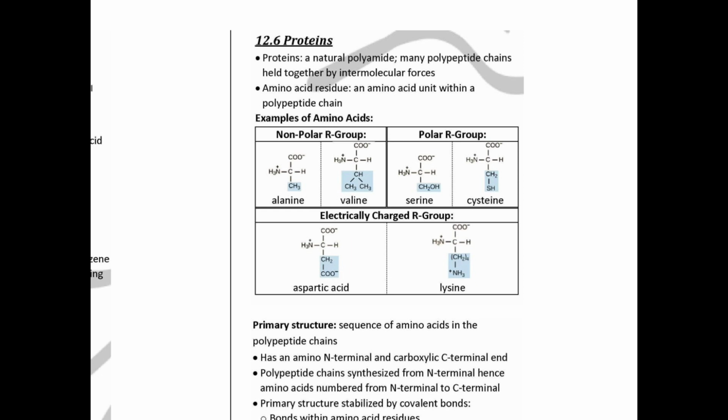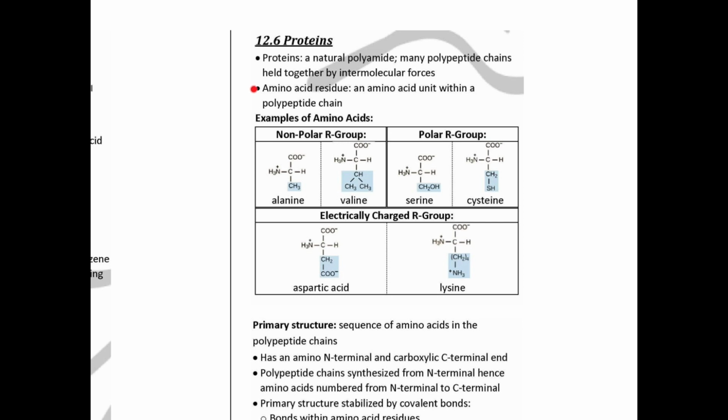Many polypeptide chains are held together by intermolecular forces. So what is a polypeptide? A polypeptide is basically the polymer. One polymer is held together by another polymer through intermolecular forces. They can form hydrogen bonds, induced dipole, temporary dipole, and so on. Ionic bonds are also possible actually.